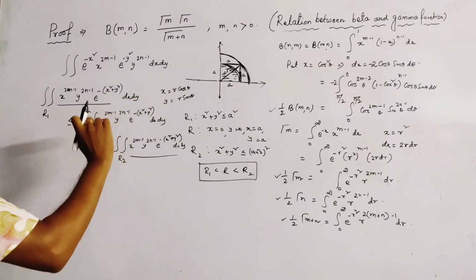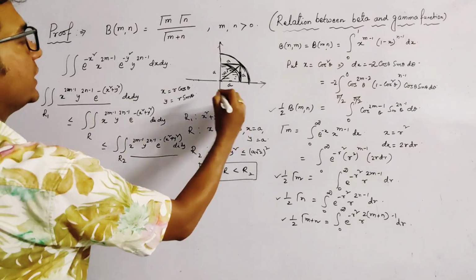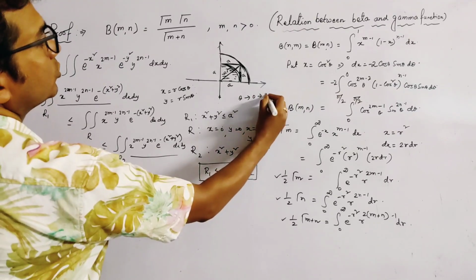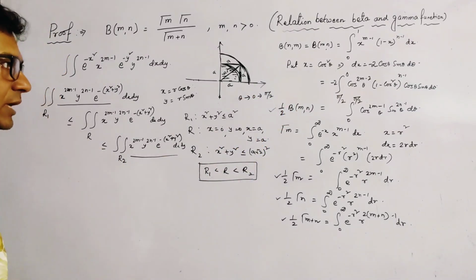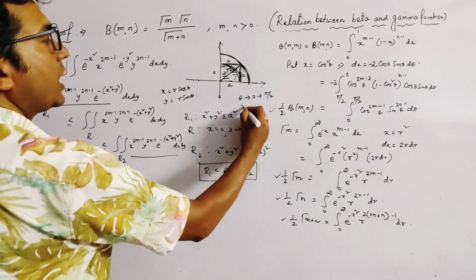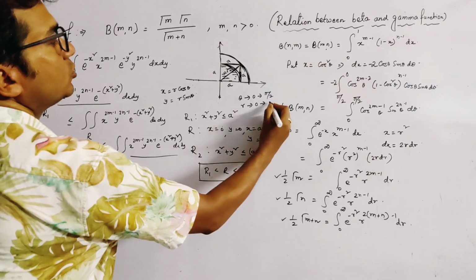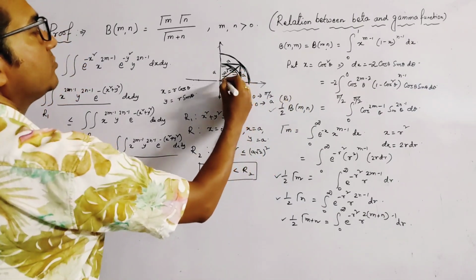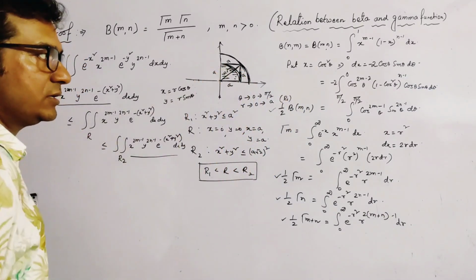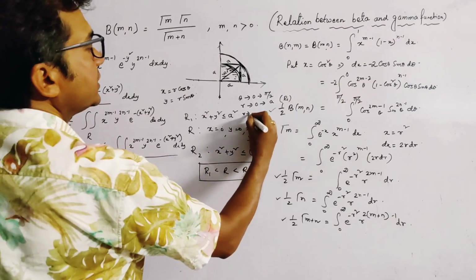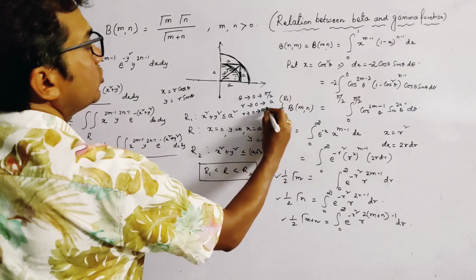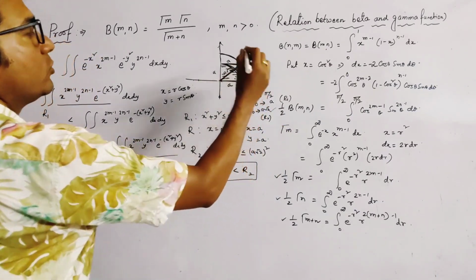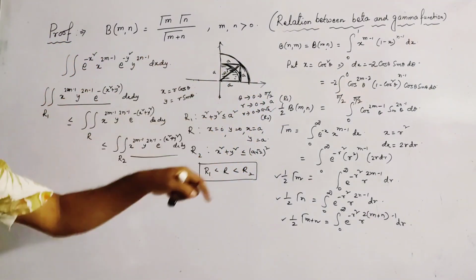So we must get the range of theta, from 0 to pi by 2, and the range of r, from 0 to a for the region R1 because the radius is a, and 0 to a root 2 for R2 because here the radius is a root 2 for the outer circle.